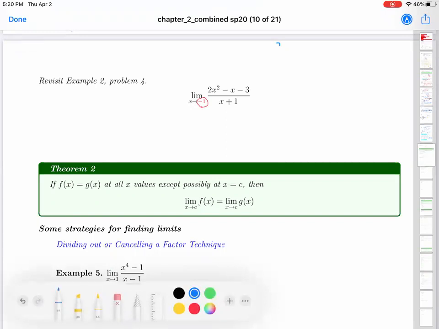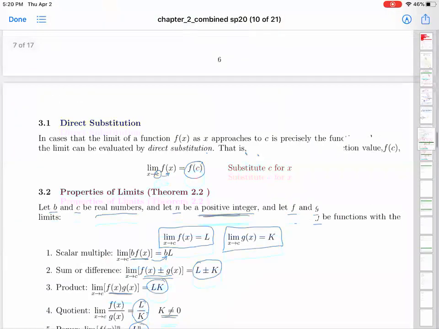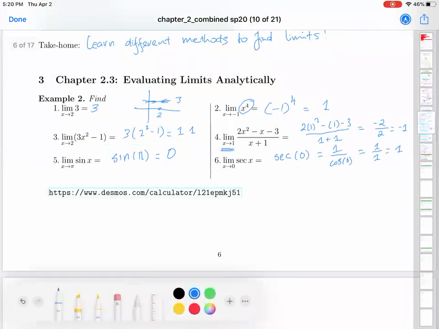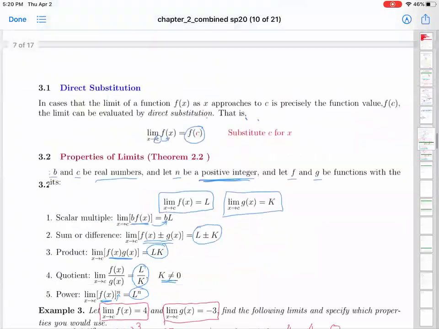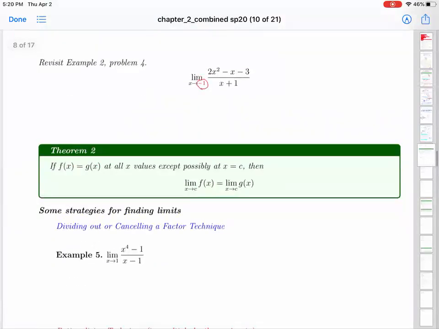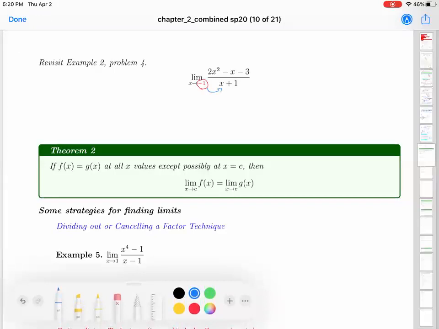Remember, in example number 2, we found the limit of these functions as x goes to 1, and we just plugged it into the functions. In this case, you cannot do that because when you plug -1 into x, you will get 0 in the denominator. So you cannot plug -1 into this function to find this limit.